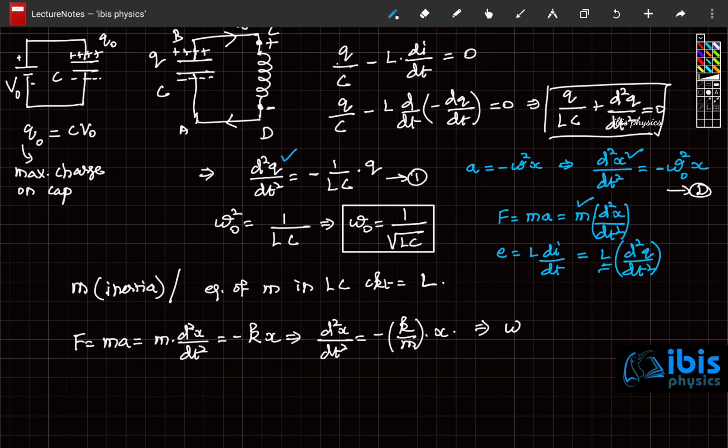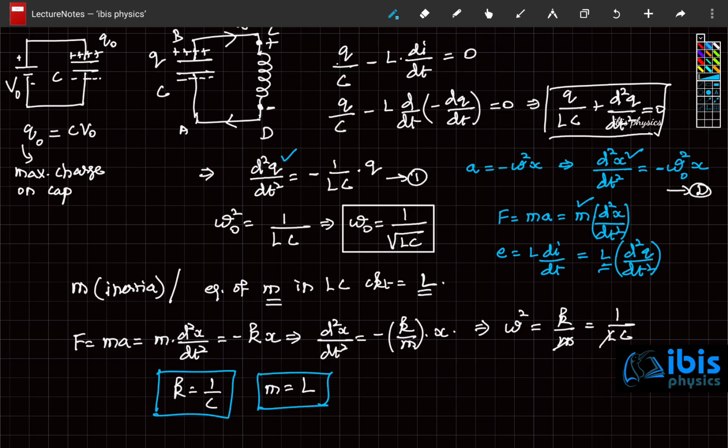So omega square is equal to k by m. Here omega square is equal to 1 by LC. If m is equivalent to L, then k will be equal to 1 by C. So the equivalent force constant or spring constant of the LC circuit is 1 by C.